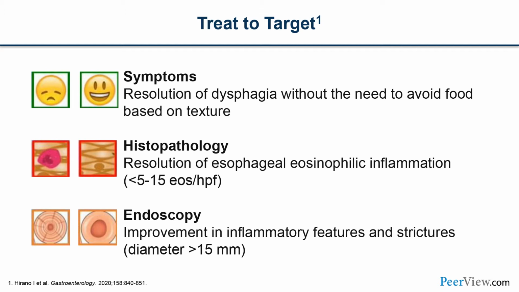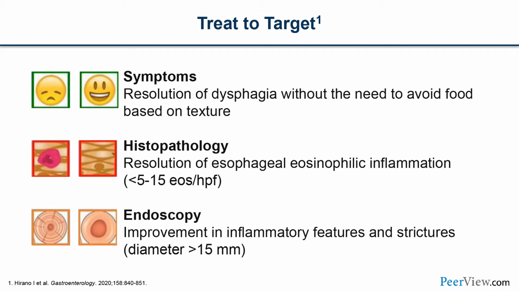Now, in histopathology, the target, for clinical purposes as well as for a lot of research, is to resolve the eosinophilic inflammation in the esophagus, which is in general less than 5 to 15 eosinophils per high power field. That's usually counted in the most dense area of eosinophils in the esophagus.